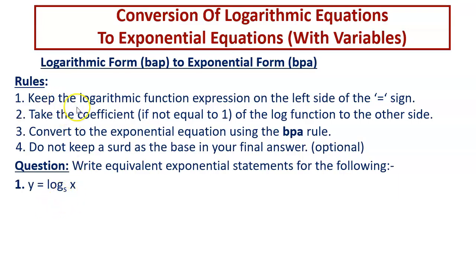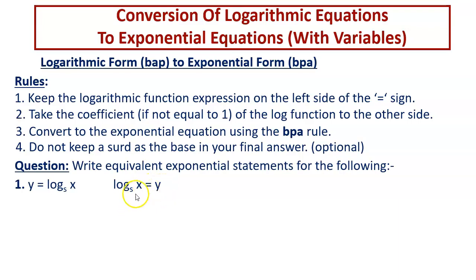So, rule number 1 says we have to keep the log term on the left side. So, we will be rewriting this equation and we bring this term to the left side. It is log x to the base s equal to y. And this is b, the base, x is the argument and y is the product or result.